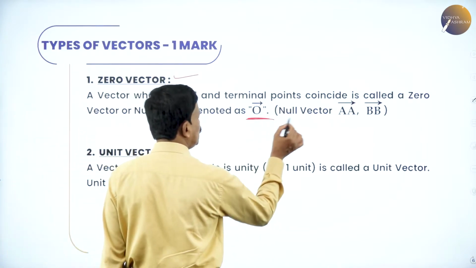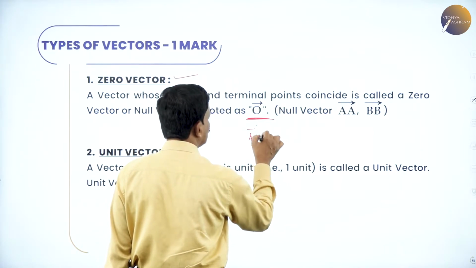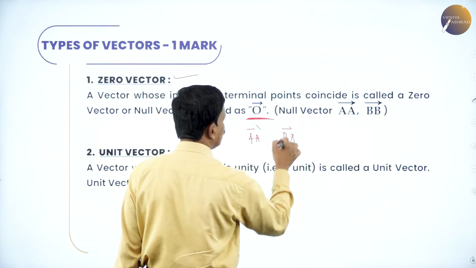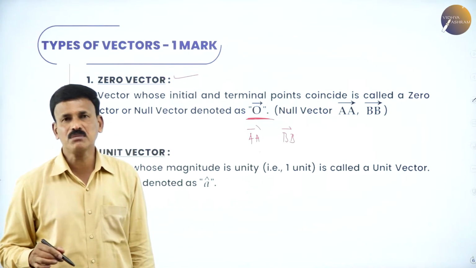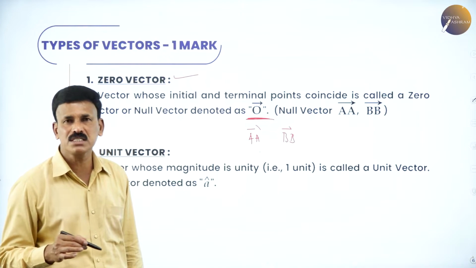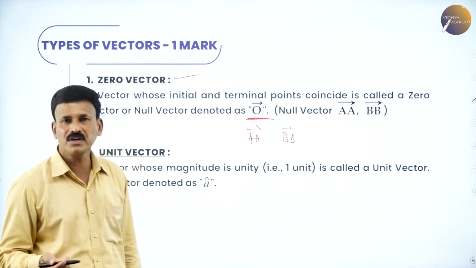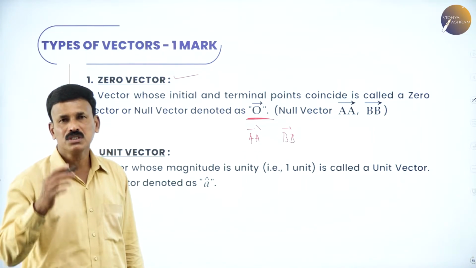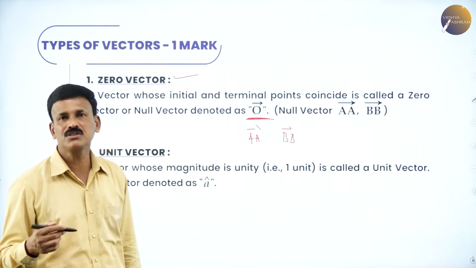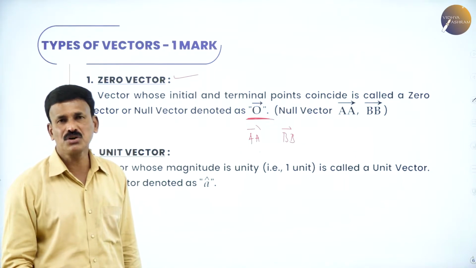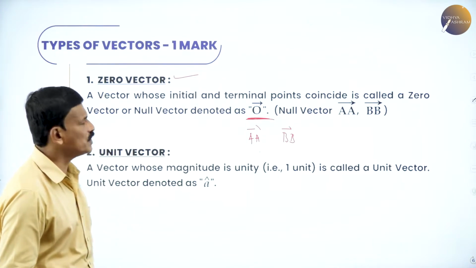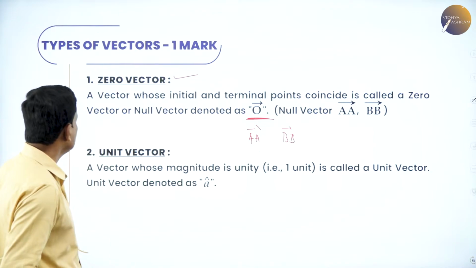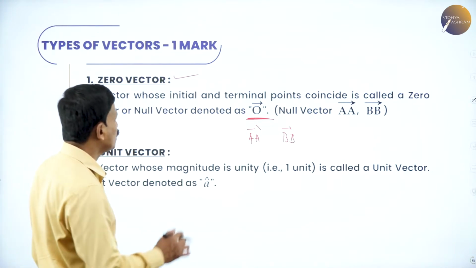For example, vector AA and vector BB. For these vectors, the initial point and the terminal point are the same. When the initial and terminal points coincide, the vector is called a null vector. Or a vector whose magnitude is 0, whose length is 0, is also called a zero vector or a null vector, denoted as vector 0.